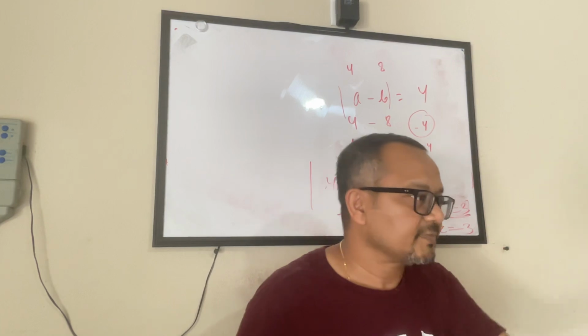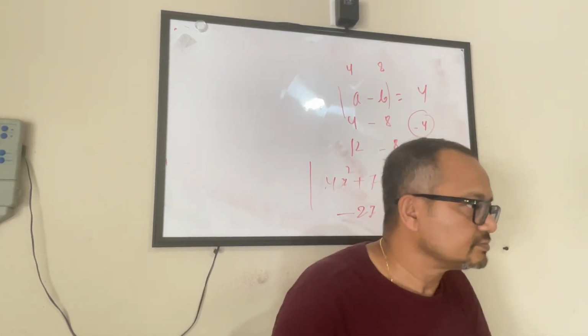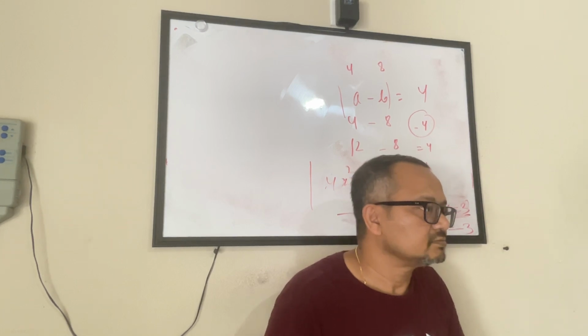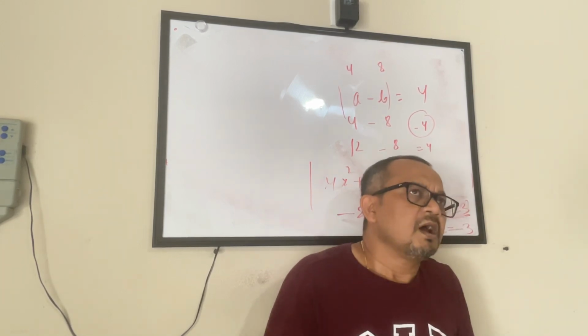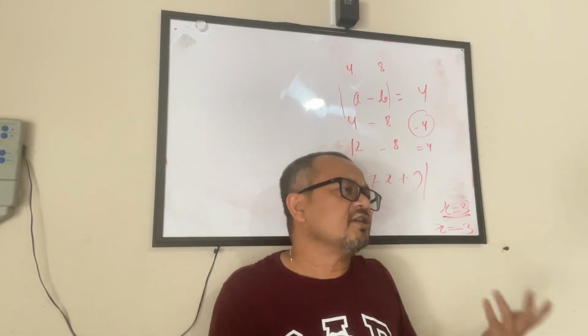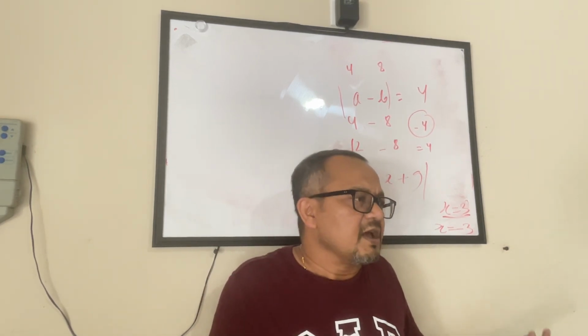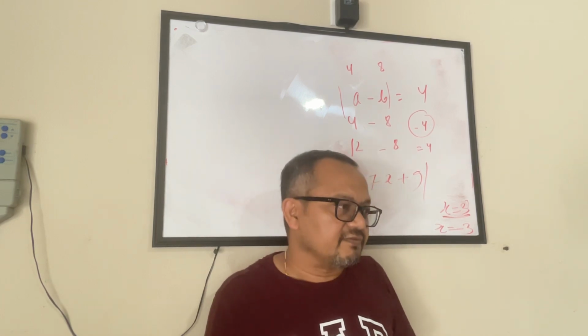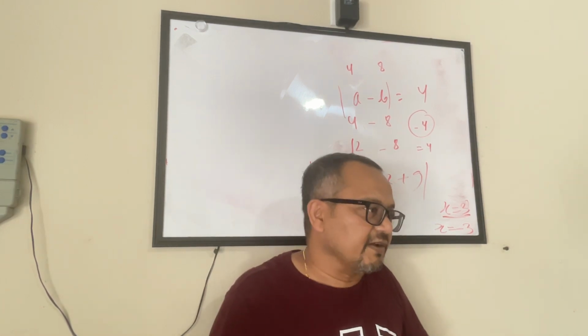Yeah? So mod basically shows you how far away a number is from zero. How far a number is away from 0, or what is the value of that number? Minus 50, minus 80, minus 75, or 50, 80, 75.